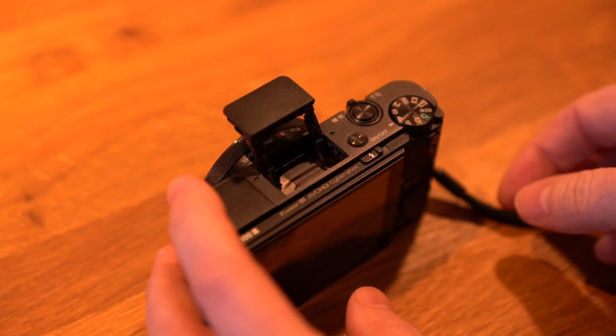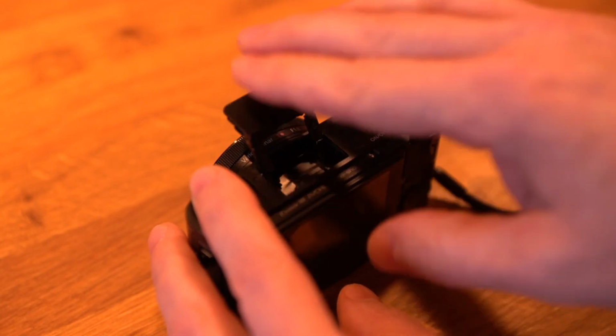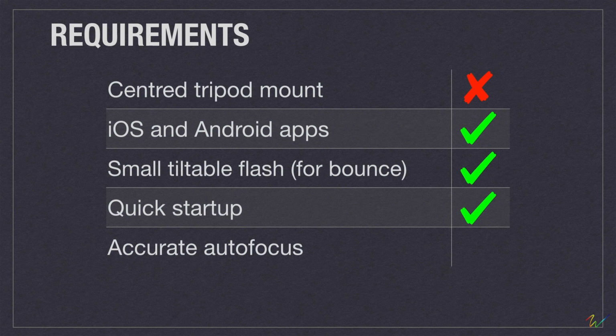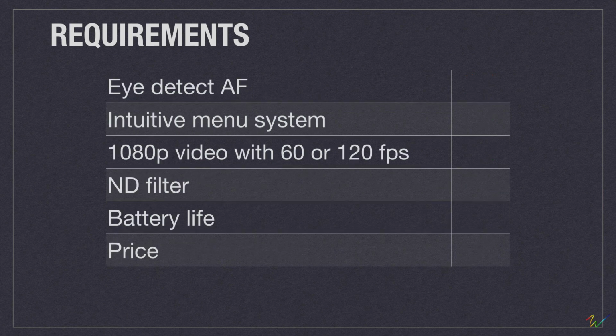The small flash is tiltable, very useful for bounce. The startup is relatively quick, and the autofocus is acceptable, although sometimes it hunts a little bit. There's the Sony eye detect autofocus. And, well, it's the Sony menu system, so there's nothing intuitive about it. But despite the drawbacks, I have access to a wealth of features.